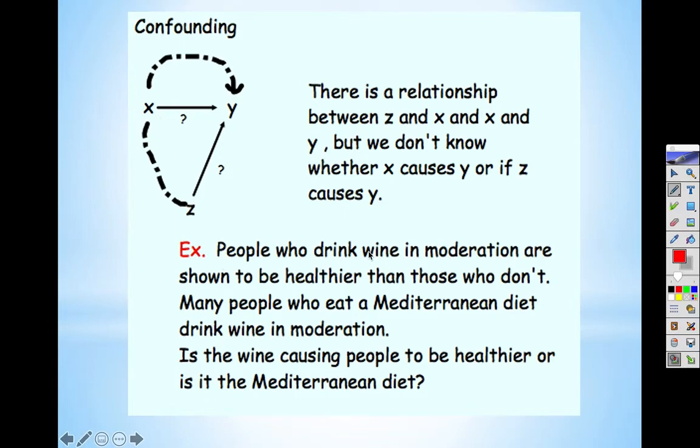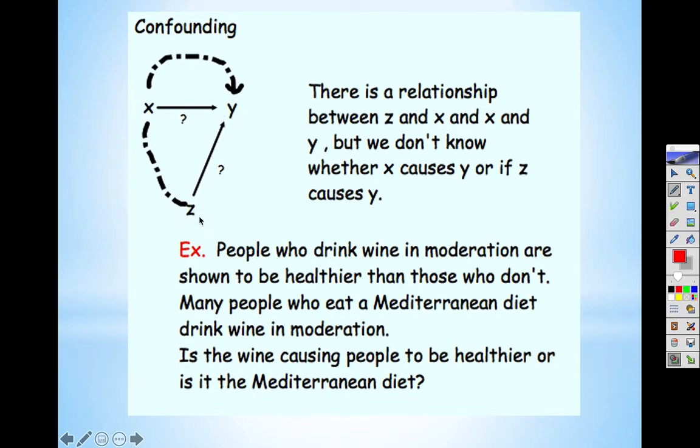People who drink wine in moderation are shown to be healthier than those who don't. So we have drink wine, healthier. Many people eat a Mediterranean diet and drink wine. Okay, so we have our Mediterranean diet correlated with wine. We have wine correlated with health. Is it that wine causes people to be healthier? Does X cause Y?